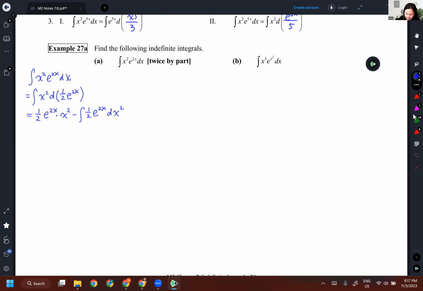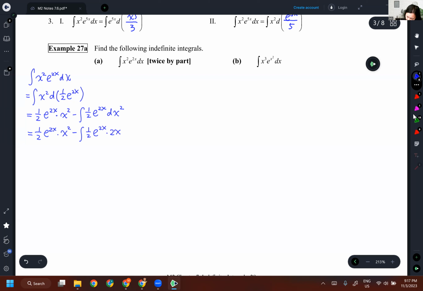Okay. And then simplify. This one is 1/2. This is 1/2 e to the power 2x. This one is 2x dx. Now this one I need to point out because it may not be seen very clearly.